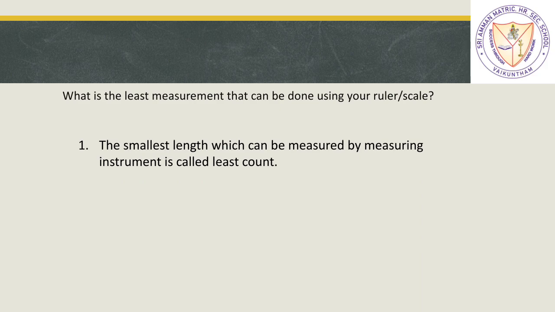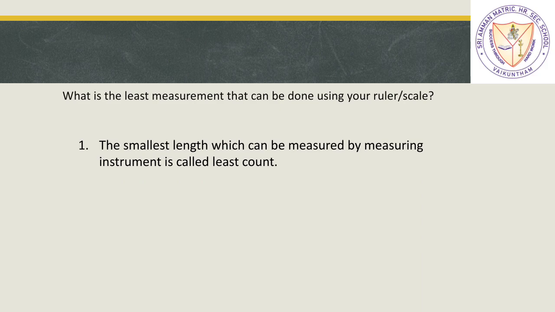In this case we are talking about length, but it can be mass, volume, temperature, amount of substance, any kind of physical quantity. The smallest quantity which can be measured by the measuring instrument is called the least count.